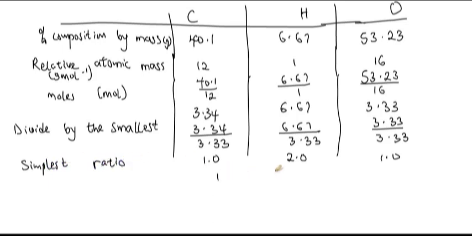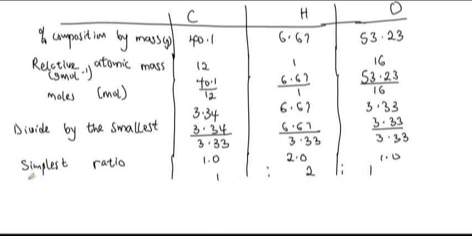Now this will be the simplest ratio, 1:2:1. So the simplest number of moles here will serve as the exact number of atoms of each element present in the compound.